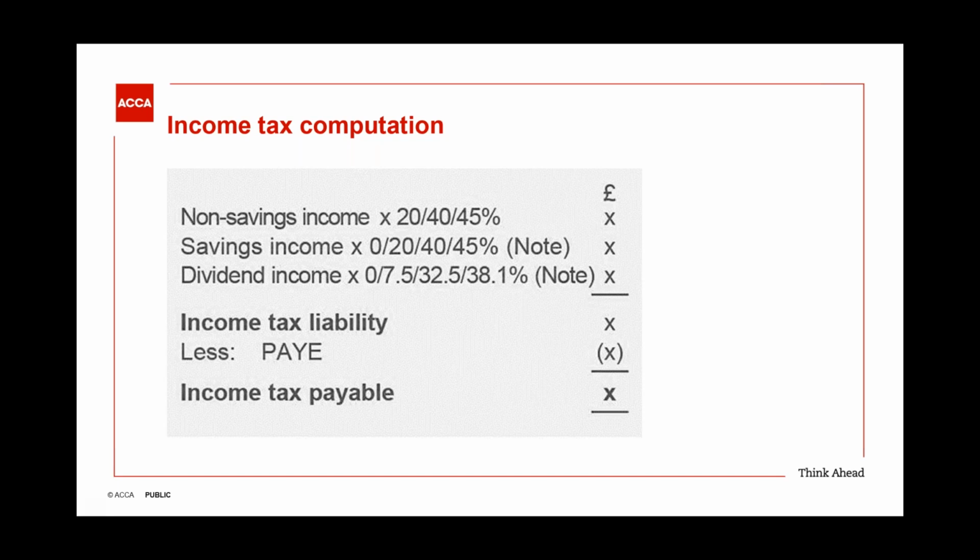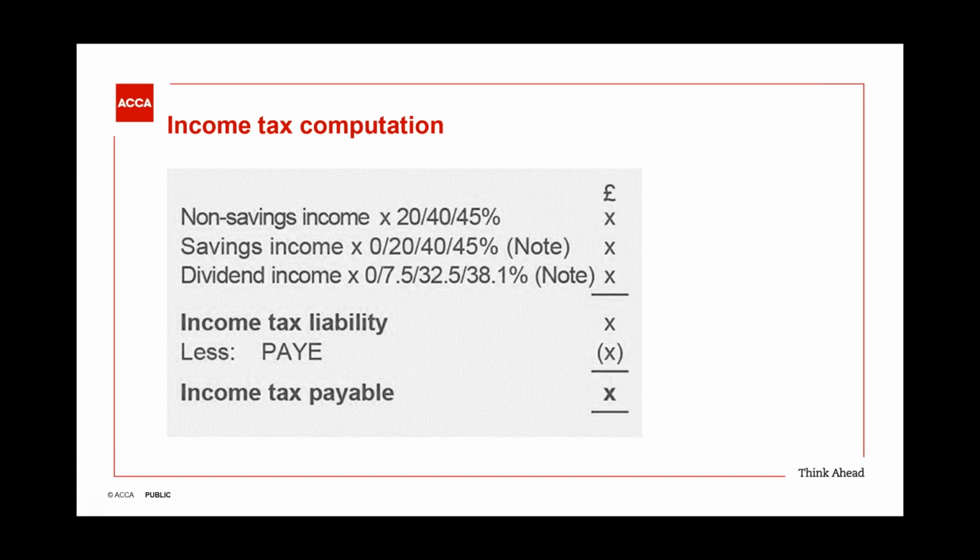We call it dividend nil rate band. In addition to that, if you have any other dividend income which exceeds 2,000 pounds, as a basic rate taxpayer, you have to pay at 7.5%. If you are a higher rate taxpayer, 32.5%. If you are an additional rate taxpayer, you have to pay at 38.1%.